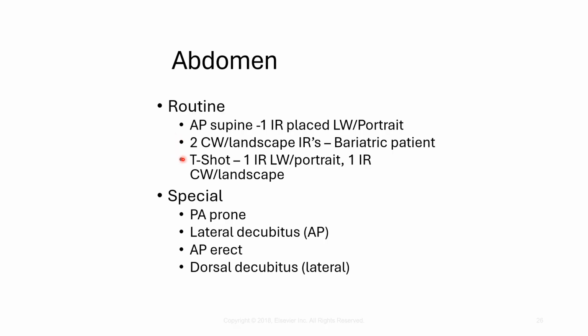And then something that some of the sites do is what's called a T-shot, where literally it looks like a T. You have 1 image receptor placed portrait at the bottom, capturing the pubic symphysis and up, and then you have an IR placed landscape at the top to capture the diaphragm with overlap.